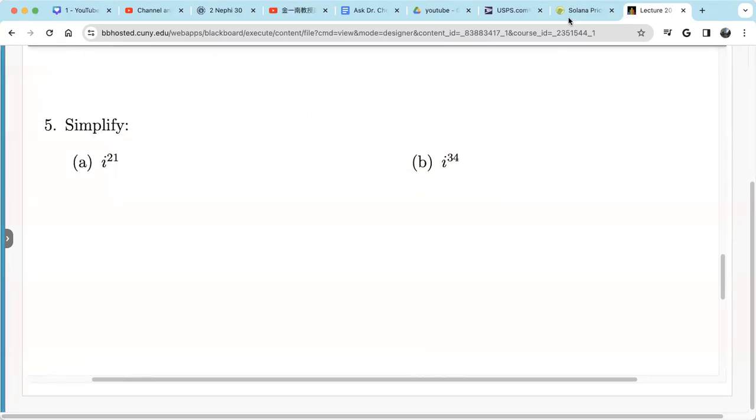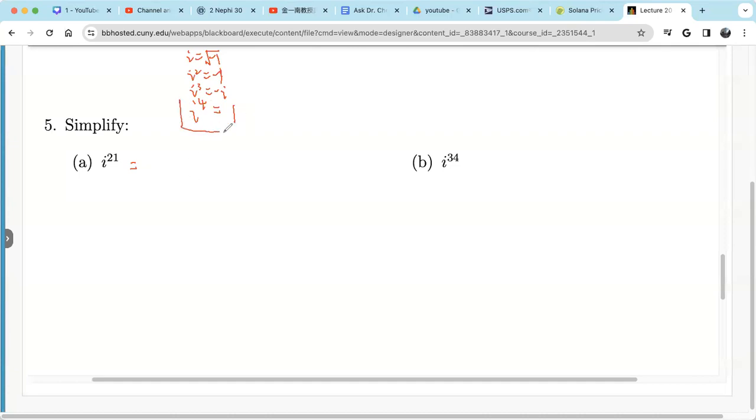So lastly, we have these two. We want to simplify i raised to the 21st power. Well, how do we remember? We see i to the fourth power equals positive 1, right? i equals the square root of negative 1. i squared equals negative 1. i cubed equals negative i. i to the fourth power equals 1.